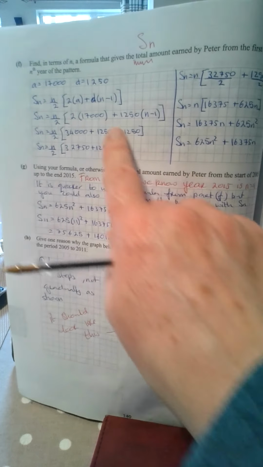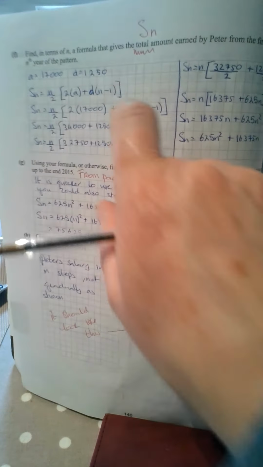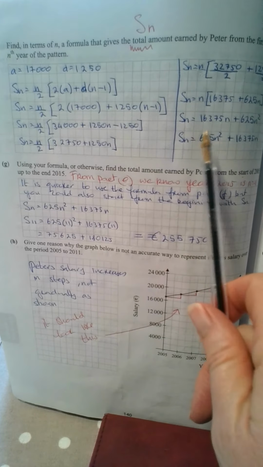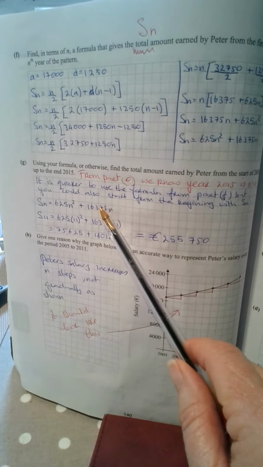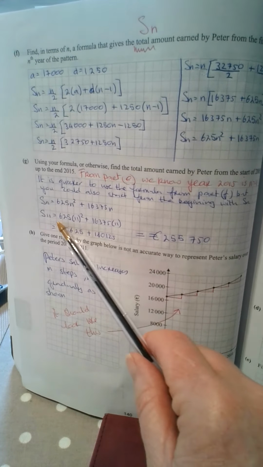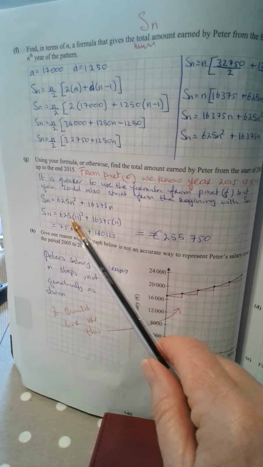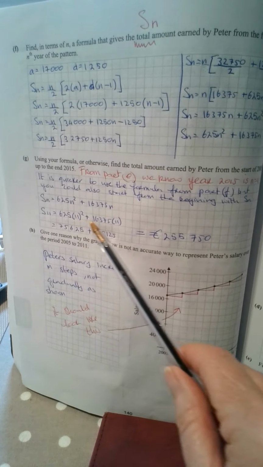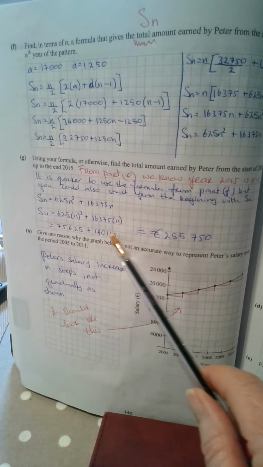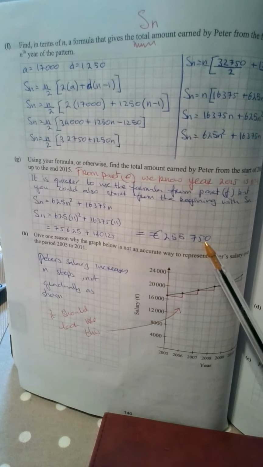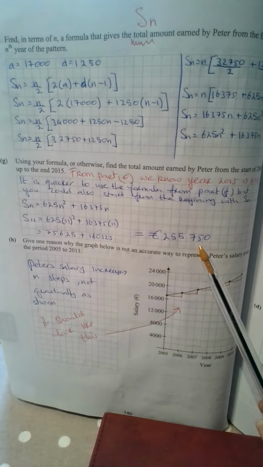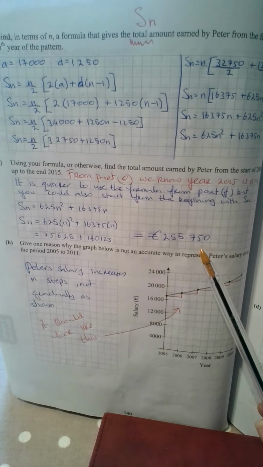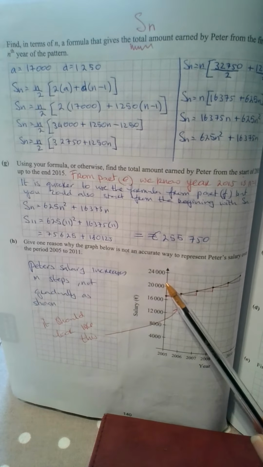But you could start at the beginning using this formula here if you wanted to. But again, much easier to work from this. So now that I've got my formula, all I have to do is sub in S11. So n is 11, sub in 11 here and 11 here. Multiply them all out with your calculator and you get 255,750.